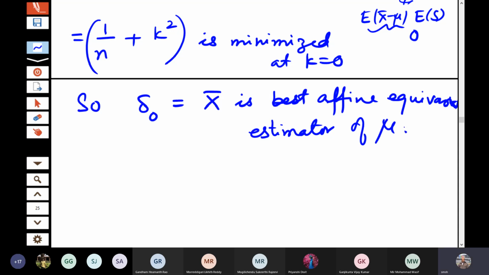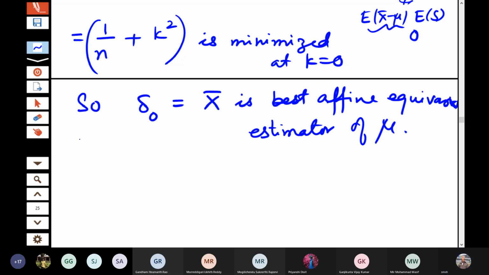So this is some nice property that we are able to get. Okay, is this calculation clear? Yes, sir. Now let us look at the estimation problem of sigma square, that is under the loss function L2.